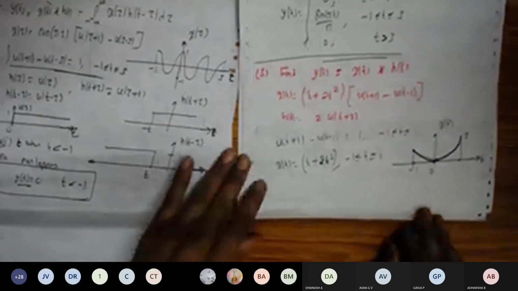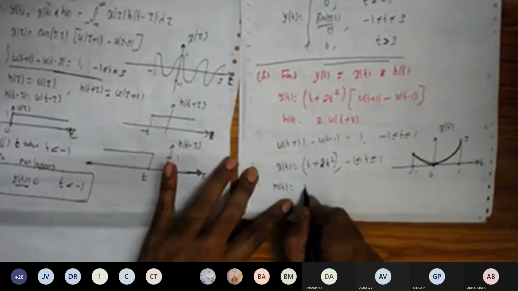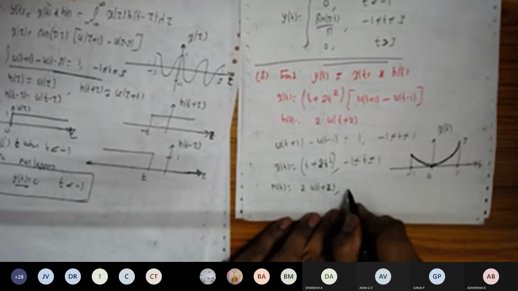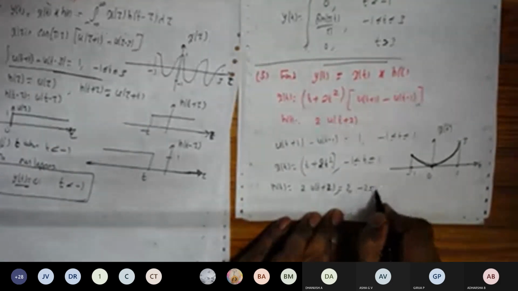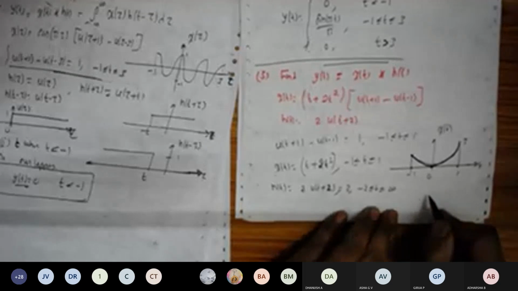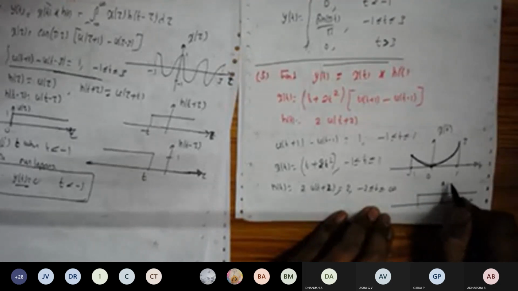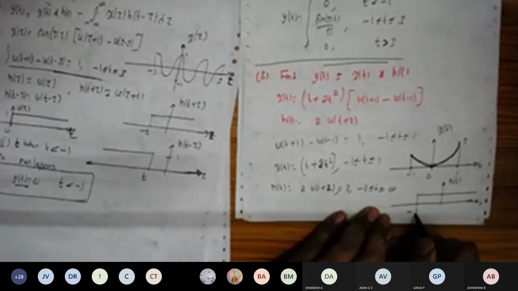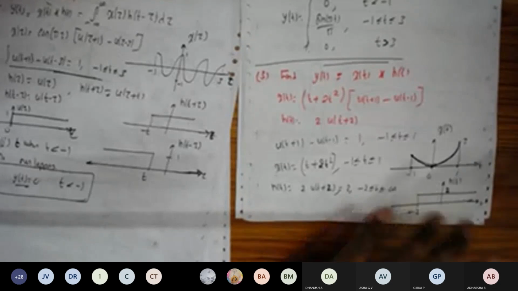Then similarly, we have h of t. So h of t is equal to 2 into u of t plus 2. It has the value 2 for -2 less than t less than infinity. So we can plot the waveform for that one. This is h of t: from -2 up to infinity, it has amplitude 2.